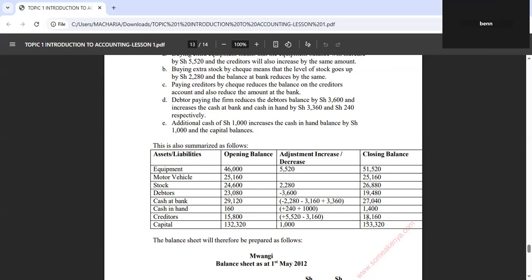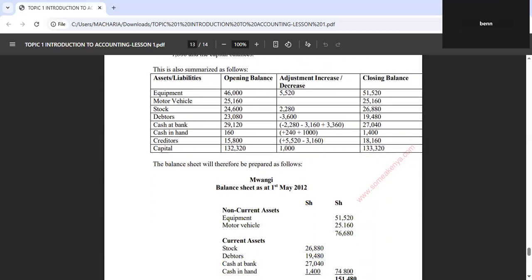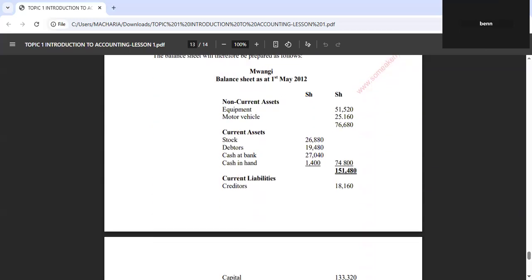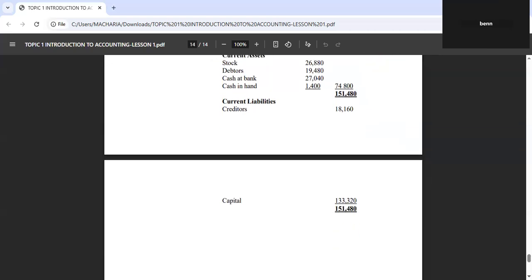Creditors will be this value, and when you get the difference between assets and creditors, the capital will be that. So you can draw up now the balance sheet. Your new balance sheet will look like that. Equipment, motor vehicle, current assets, and current liabilities will end up giving you that as your capital.